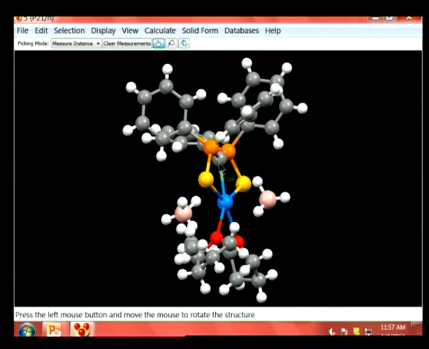You will notice that the carbon is flanked by 2 phosphorus atoms, and I am pointing to the phosphorus with the cursor, and that is in orange color. So, the orange colored phosphorus atoms on either side of the dark colored carbon is what you are seeing, and the 2 sulfurs are in yellow.